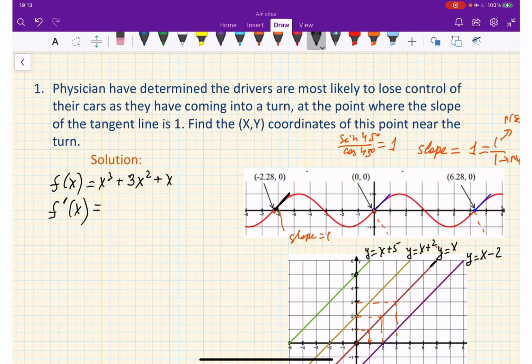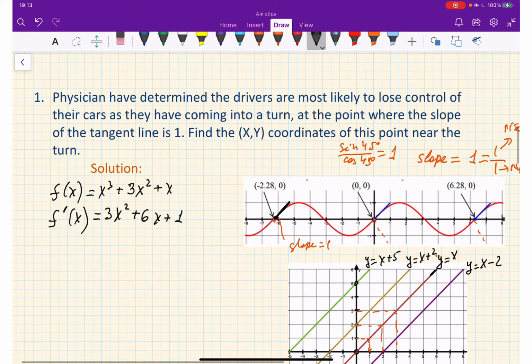This is going to be equal 3x squared plus 6x plus 1. Okay, so since our tangent line slope is equal to 1, and the tangent line slope is our derivative, correct? So I'm going to write down 3x squared plus 6x plus 1 is equal 1.